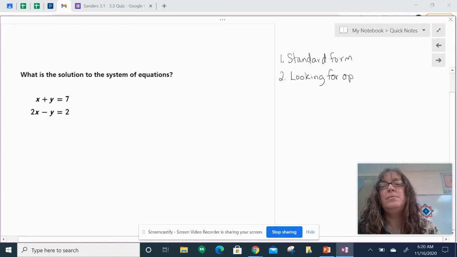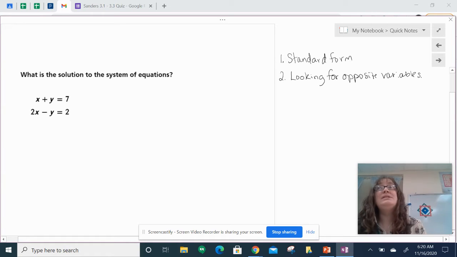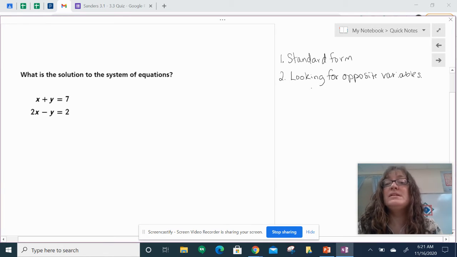Now, this may seem a little strange, but what I mean by opposite variables is I want one of the variables in one equation to be opposite the variable in the other equation. For instance, a 2x and a negative 2x, or a 7y and a negative 7y. If I don't have opposite variables, I can still use elimination. I just need to make opposites. We'll talk about that in just a little bit.